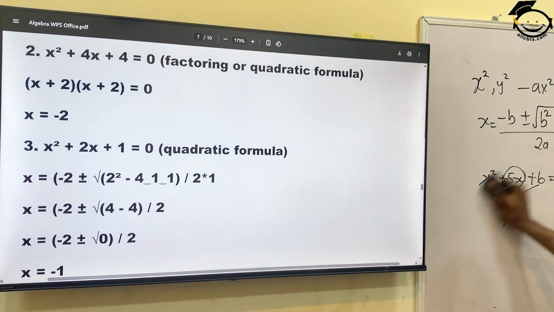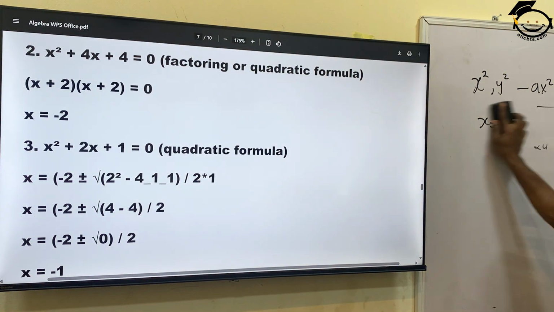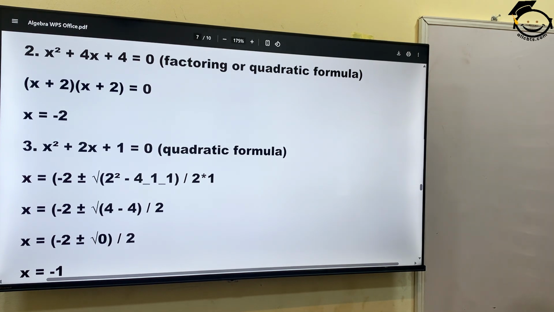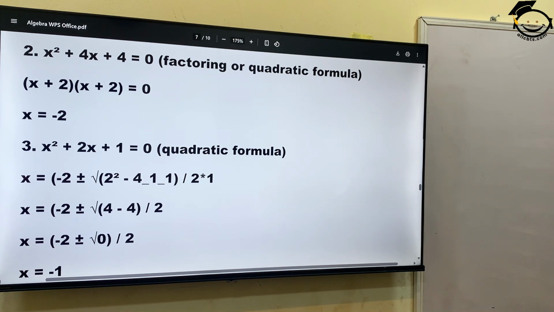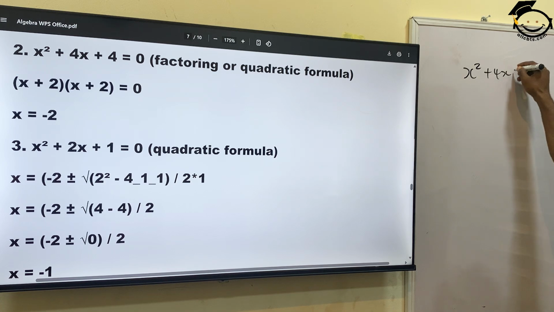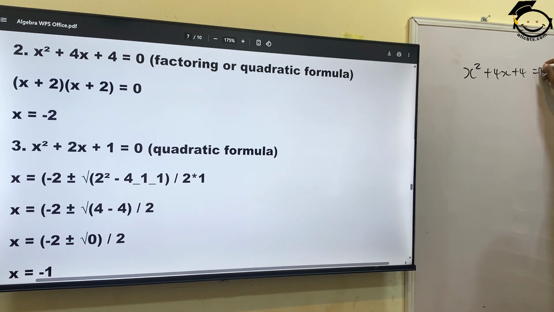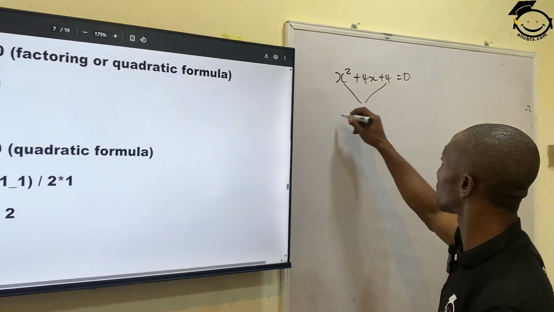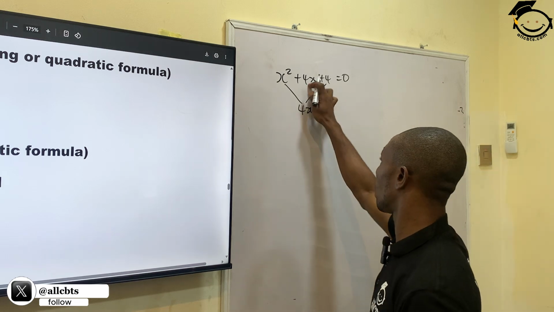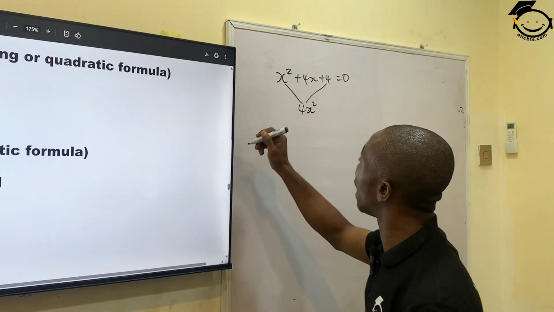All right, our next example looks at x squared plus 4x plus 4 equals 0. If we factorize this, we need factors of 4 that will give us 4x, which will be 2 and 2.